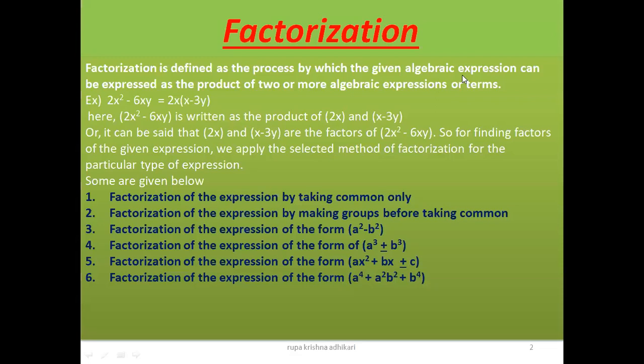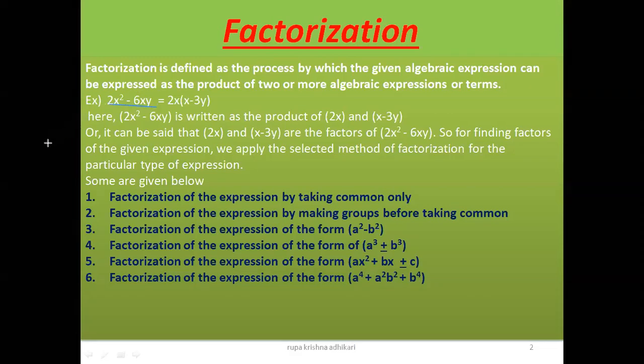Here you can see, I have taken an example here: 2x squared minus 6xy. It is an algebraic expression. Here the variables are x squared, x, y; 2 and 6 are constant numbers, and minus is used to combine them. As a result, an algebraic expression is formed.